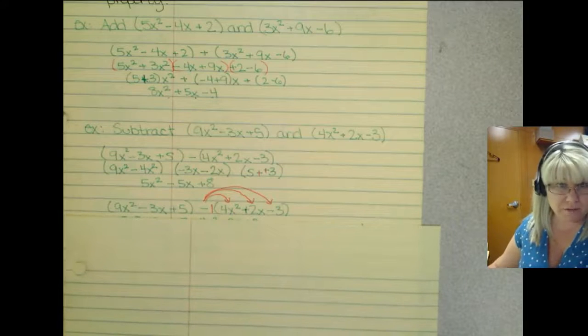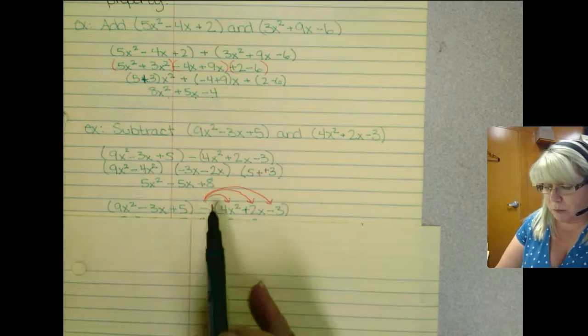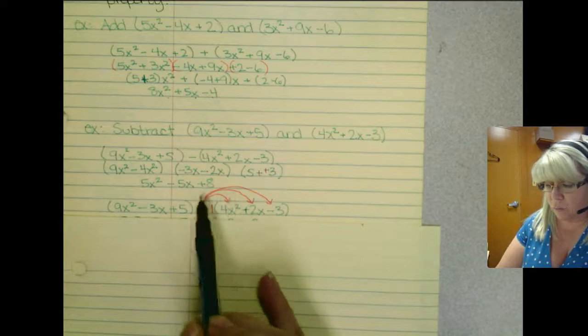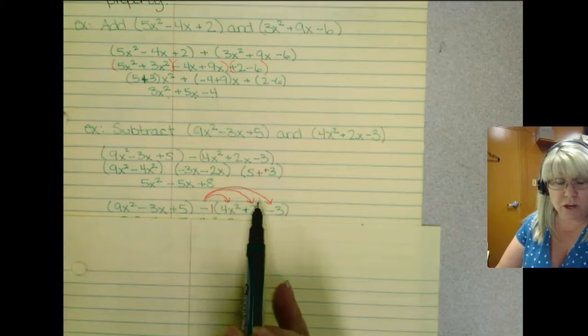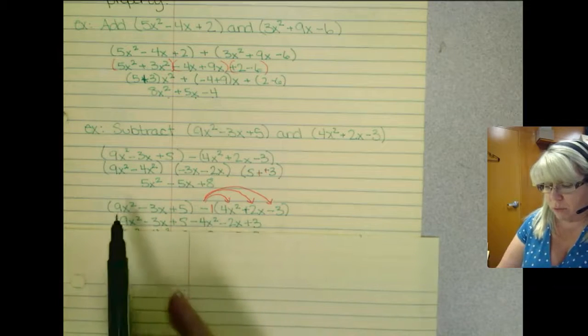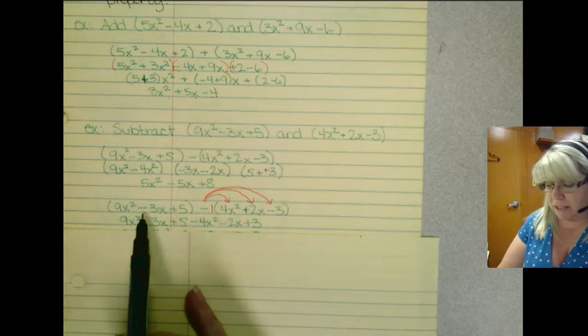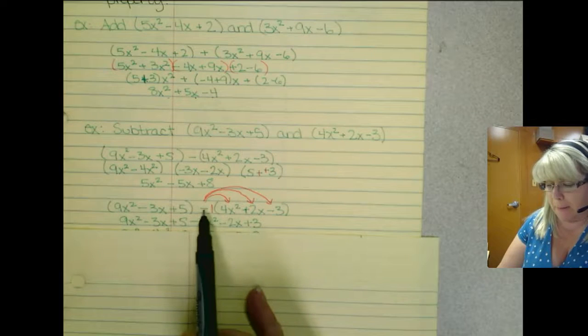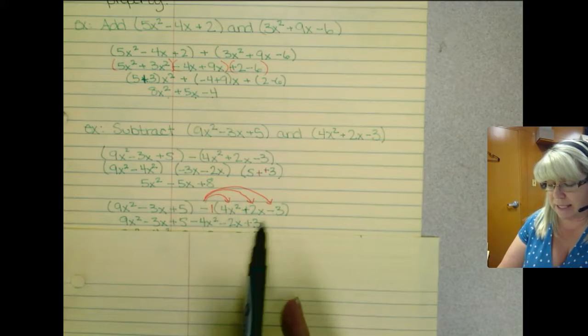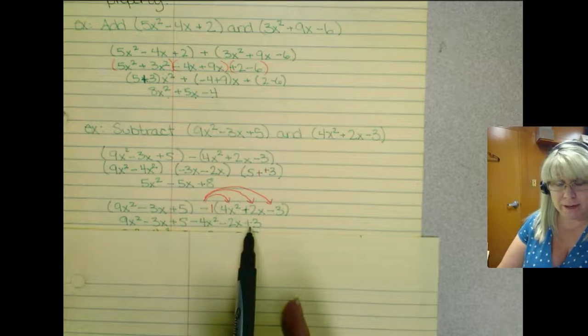The other way of looking at it is, remember, there's an implied 1 here. Let's distribute this negative 1 to all of the terms in our second expression. So that will give me 9x squared minus 3x plus 5 minus 4x squared minus 2x, and a minus is a plus 3.